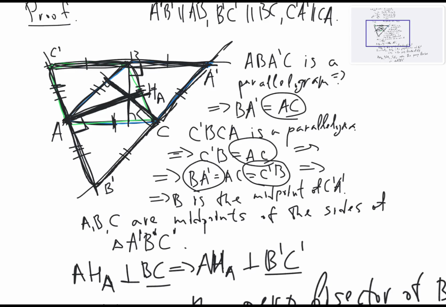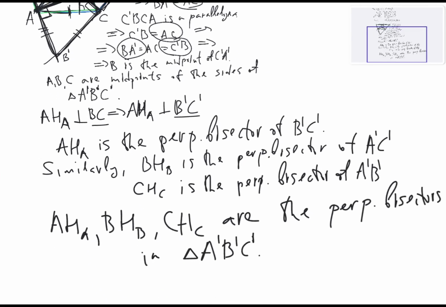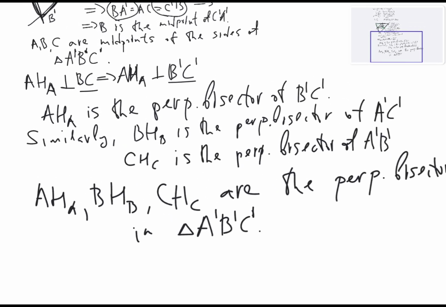This means that they intersect at a single point, because we know that the perpendicular bisectors of any triangle intersect at a single point, which I proved in the previous video.